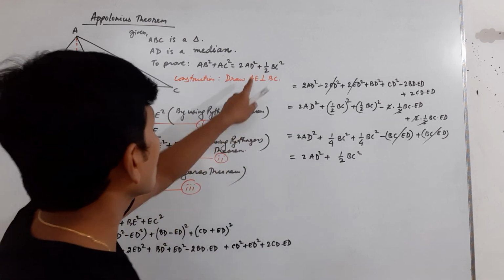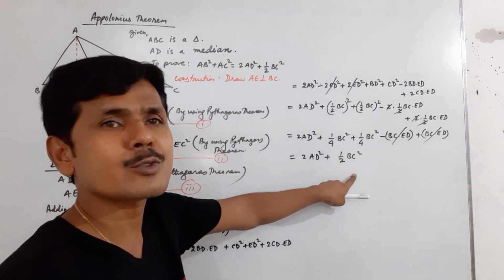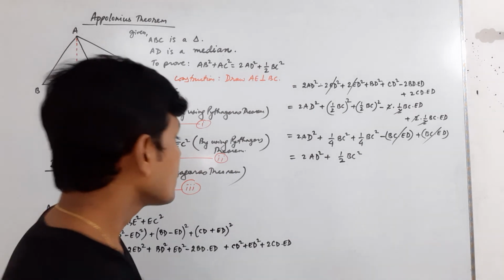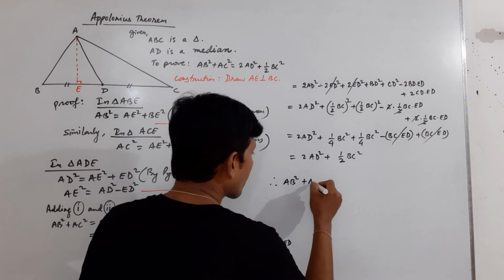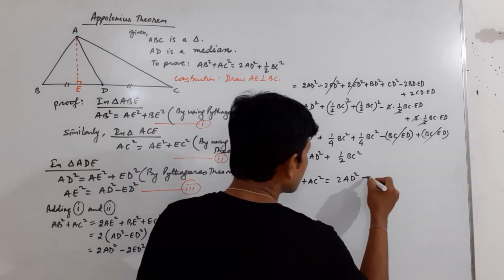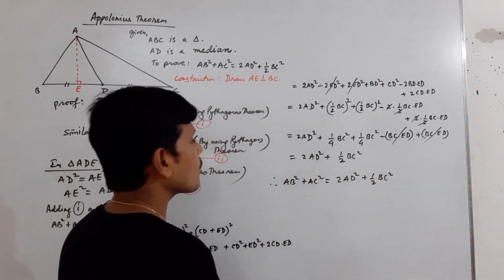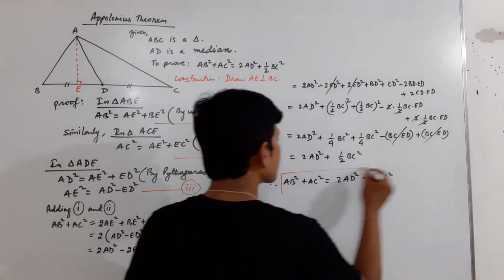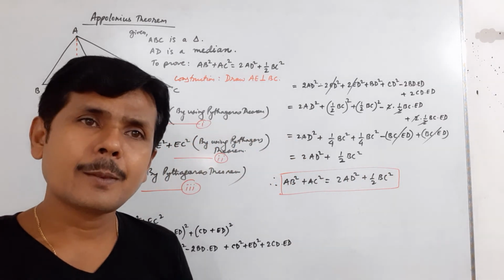See, we have proved it. We have got twice AD square plus half BC square. This is what we have to prove. So finally we can write therefore AB square plus AC square is equal to twice of AD square plus half of BC square. This is what we have to prove, and this is known as Apollonius theorem.